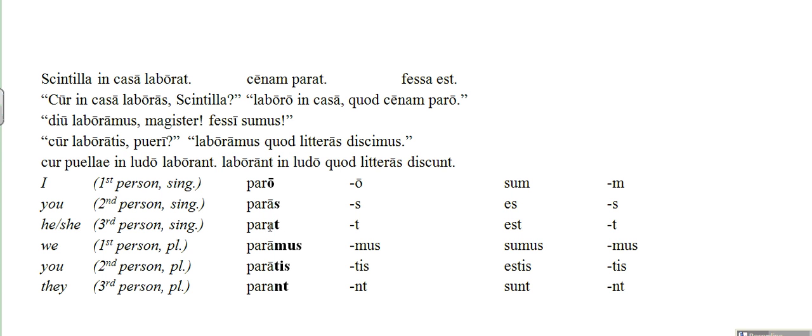I picked an are verb as my example, so we get A-T, A-M-U-S, A-T-I-S, A-N-T. Other verbs are going to get different letters. So, look, discunt, you get a U. Discimus, you get an I. But the highlighted ones, the ones I listed here, are the same. It doesn't matter whether there's a vowel change. We'll talk more about the vowel change in person. Okay, that is it.